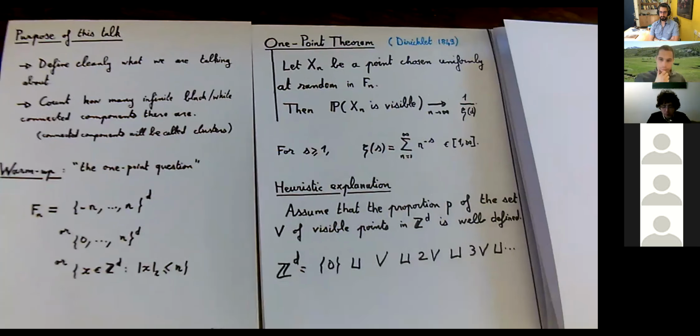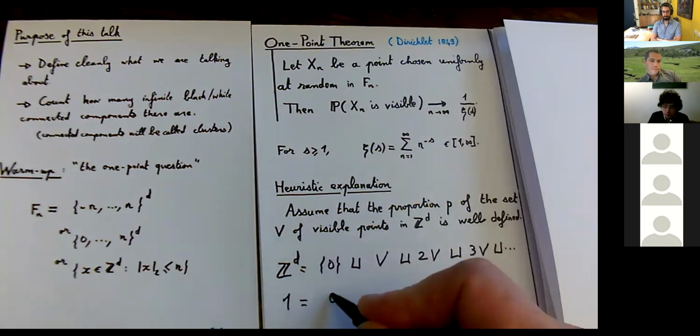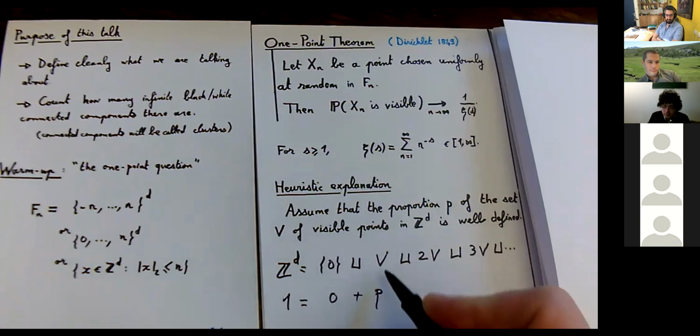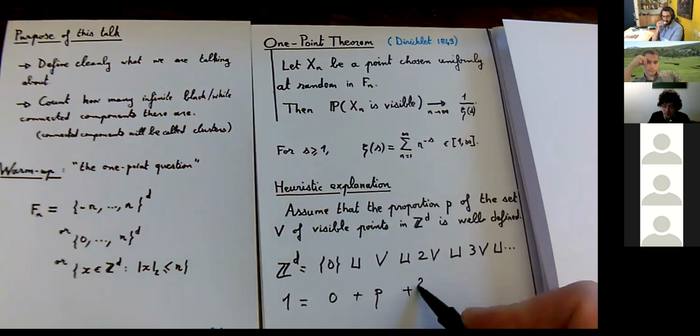And now the proportion of Z^d inside itself is equal to 1. The singleton has proportion 0. Here we have p by definition. Here we dilate by 2 in all of the d directions, so it gets sparser with this factor.